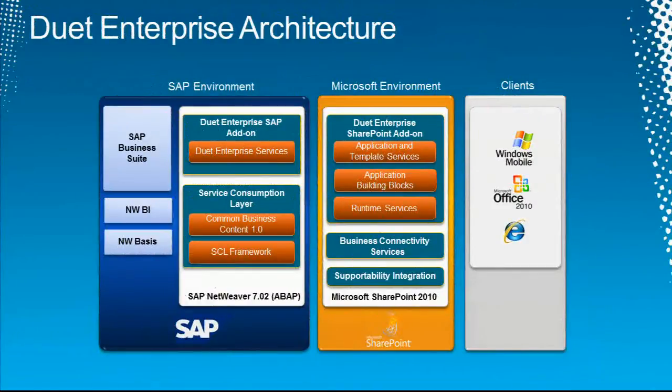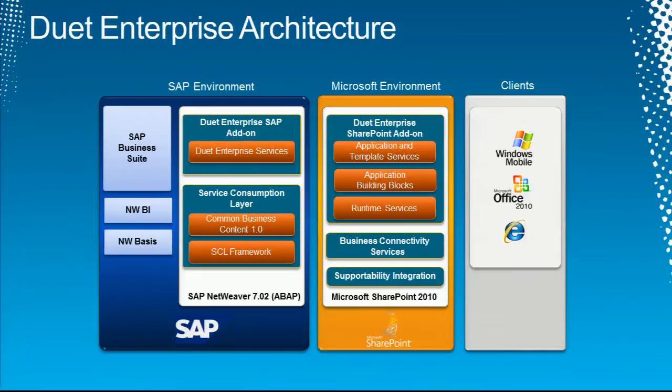So I like to think of it as engineered interoperability. And on the Microsoft side in SharePoint, within the add-on, we have the application and template services that are all pre-built and available to you. Application building blocks, we don't have time to go into those, but all the runtime services that Duet Enterprise provides for us, again, with that manageability and supportability layer.